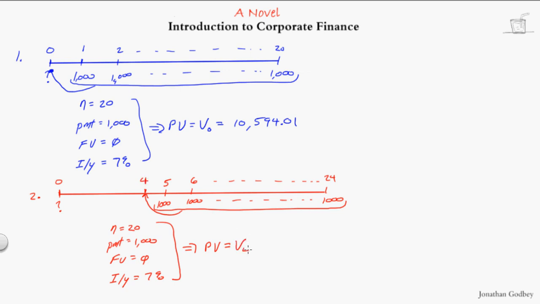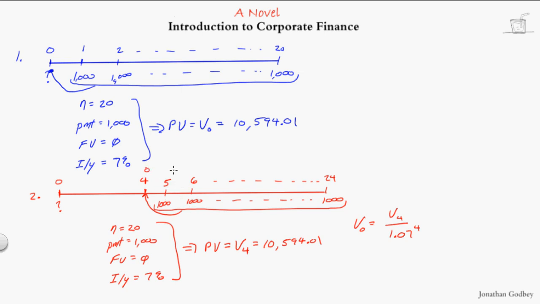So here we have V4, and we're looking for V0. I know V0 is equal to V4 divided by 1.07 to the 4th. I know this from chapter 2. So I would recommend that before you pick your calculator up, you write all of this out, and then you can pick your calculator up and see that the value in year 4 is 10,594.01, the same number as here, because I have the same inputs, but I know that this really starts in year 5.